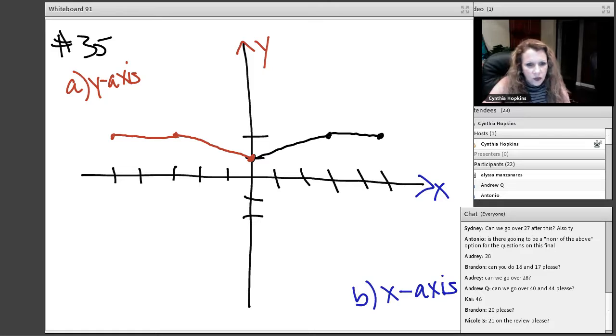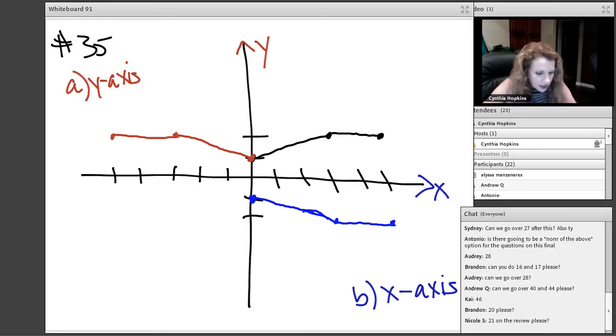And so that's 1 above, I'll go 1 below. That's 2 above, 2 below, and that's also 2 above, I'll go 2 below, and then connect these. Sorry, that's not very straight. Okay, there's my answer for symmetry with respect to the x-axis.